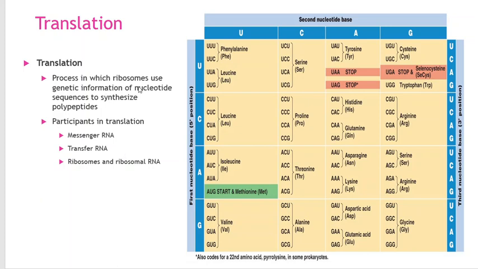So in translation, we're going to use those three-letter codons, and those codons are going to tell us which amino acid goes where. Now, this is for eukaryotes and prokaryotes. The first codon is always going to be AUG, almost like the abbreviation for August.